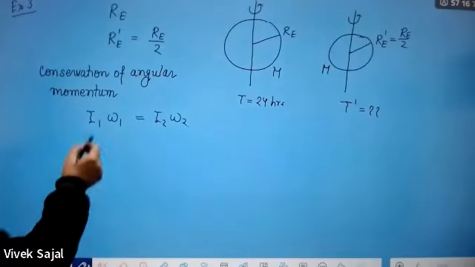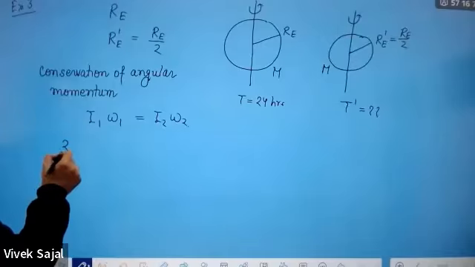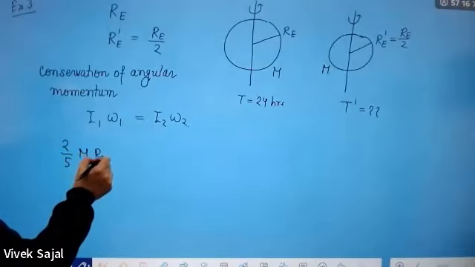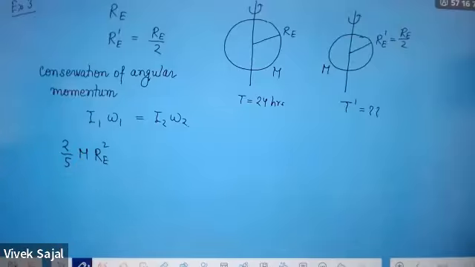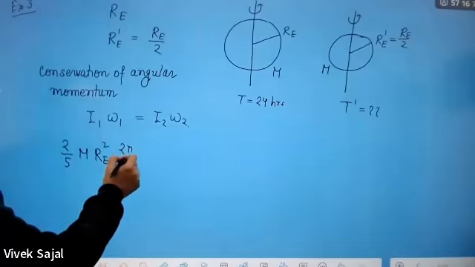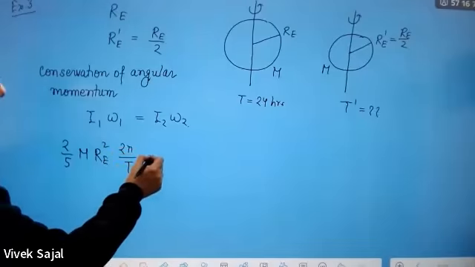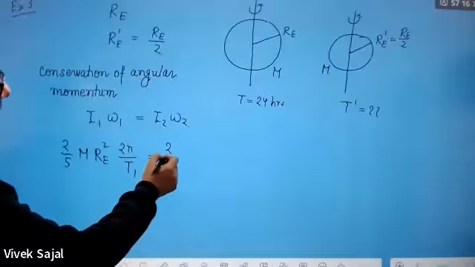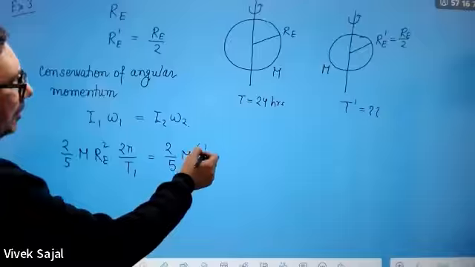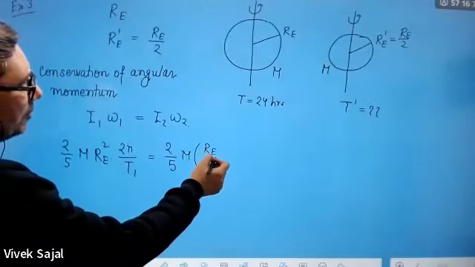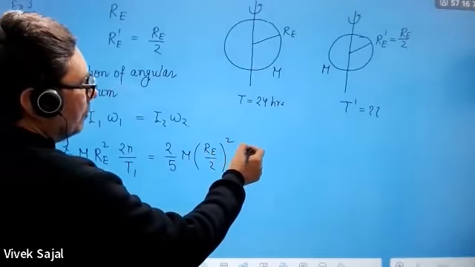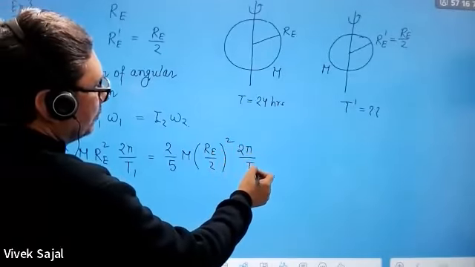So its moment of inertia will be 2 by 5 m RE square, and omega will be 2 pi by T1. I2 after shrinking will be 2 by 5, mass remains the same, radius becomes half, so RE by 2 square. And I want to find out T2, so this will be 2 pi by T2.